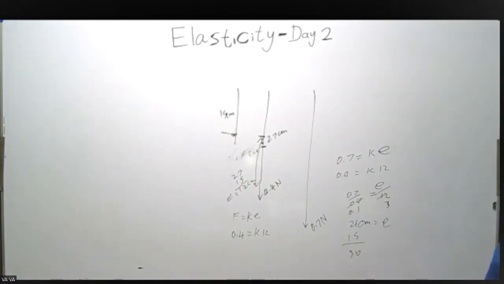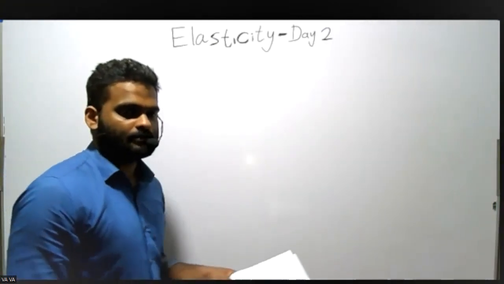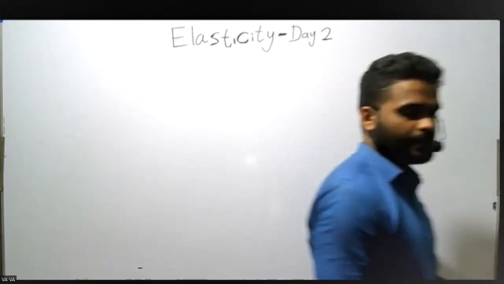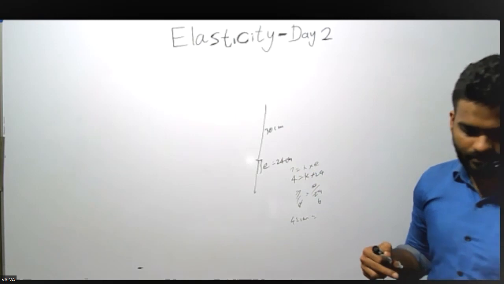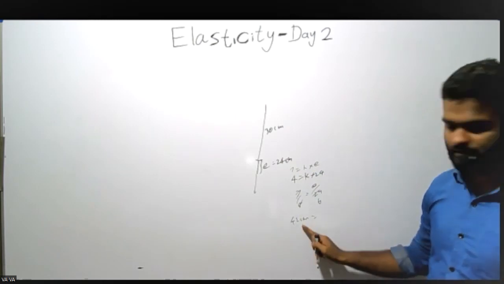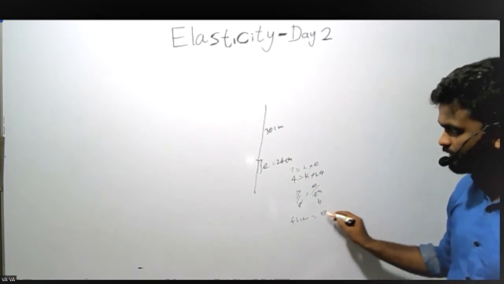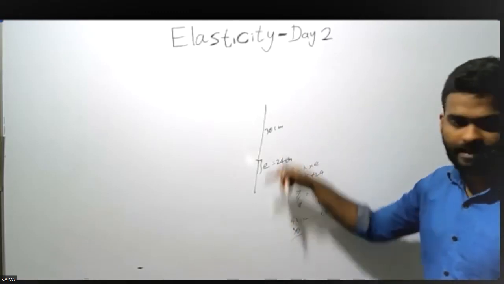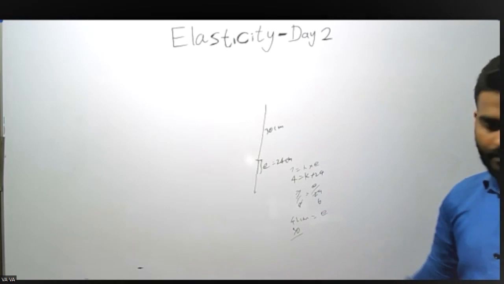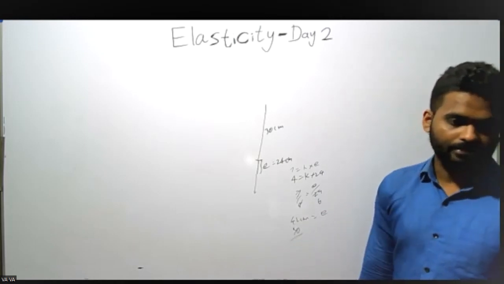Natural length means length without applying any force. So in the next case, the extension is 42. You have to add that to the initial length of 30 centimeters, so you get 72 centimeters.